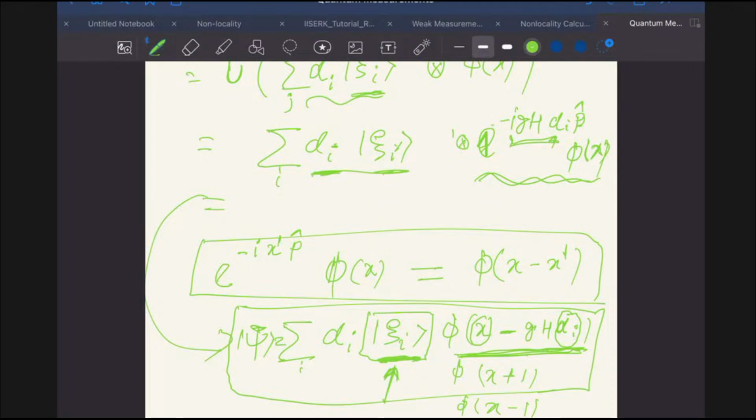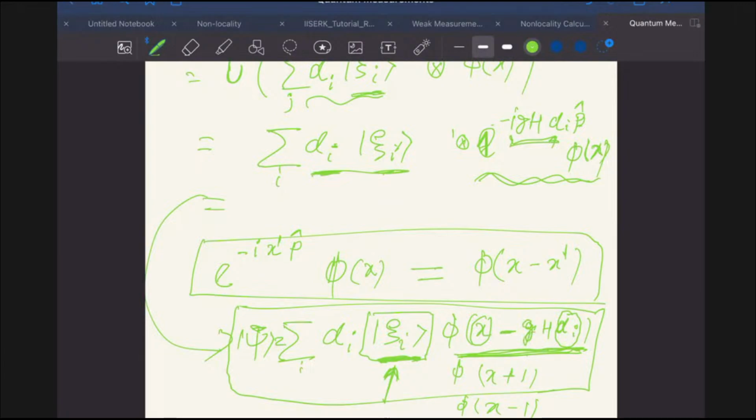If the strength is not sufficient, then we come back to this unsharp kind of measurement. This is the ideal scenario I am discussing now. Even in the ideal scenario, what should be our critical G so that we can separate the x plus 1 and x minus 1 positions? One thing is sure: the larger the G, the larger the separation, right?